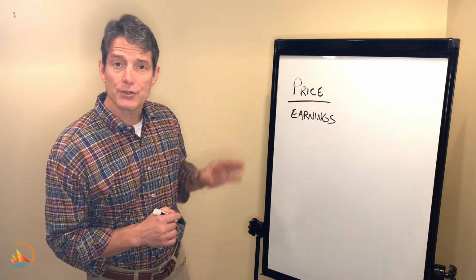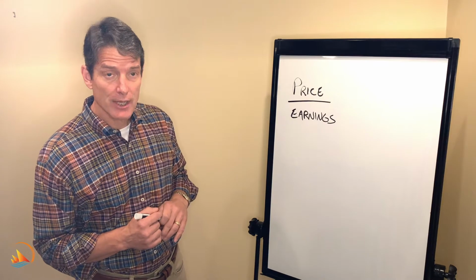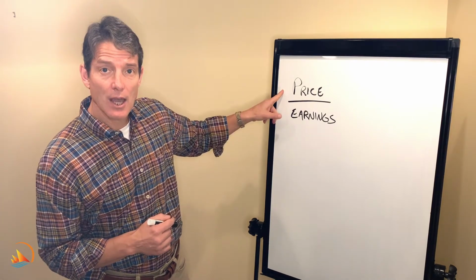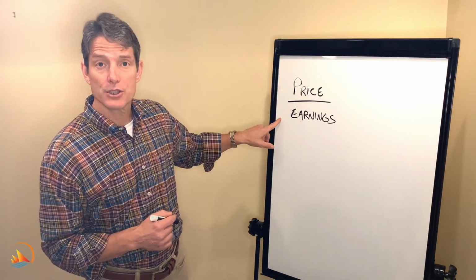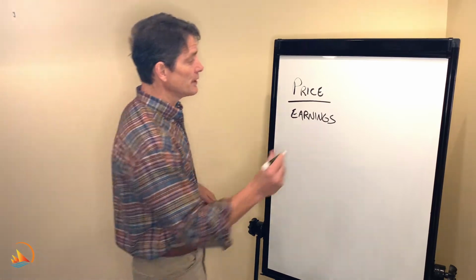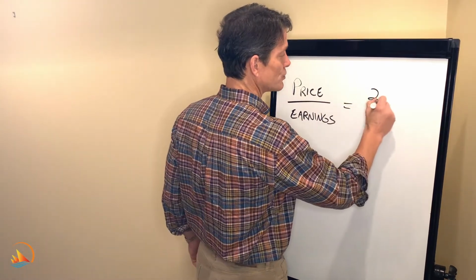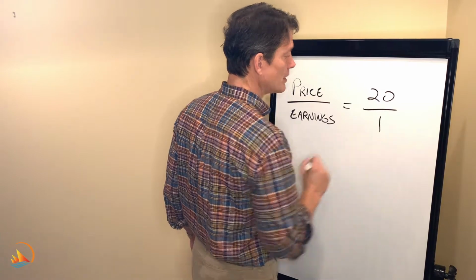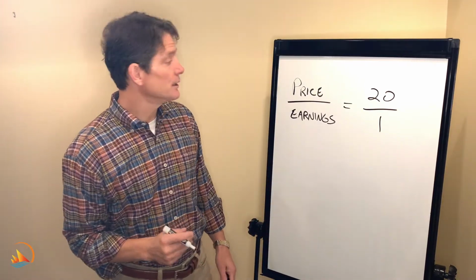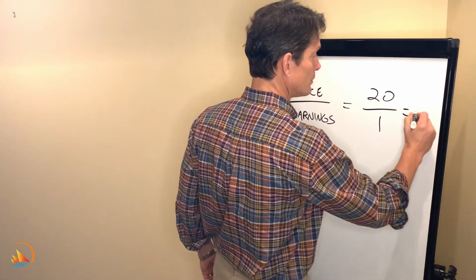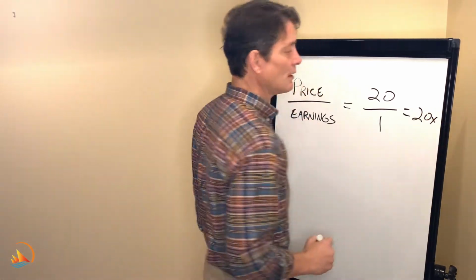So price earnings ratio, as the name suggests, is the price of the stock over the earnings per share of the stock. If the price of a stock is 20 and it earns $1 a share, then the price earnings ratio equals 20, right?